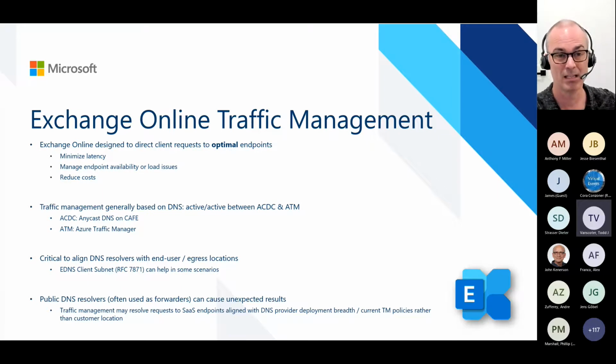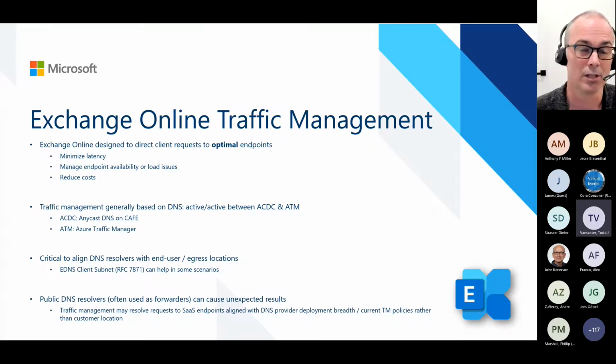They're in Australia. Their DNS requests are going to end up getting forwarded to whatever's closest, typically from an anycast perspective, so like least hops on the network, either to the US or to Dubai. And Microsoft is going to assume, based on where that request ended up, that my end user is either in the US or Dubai, not Australia. So we make a bad traffic management choice as a result.